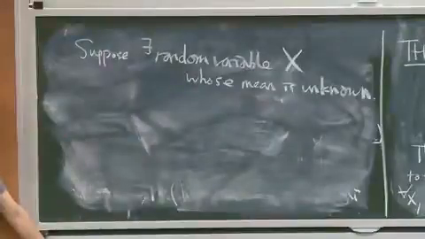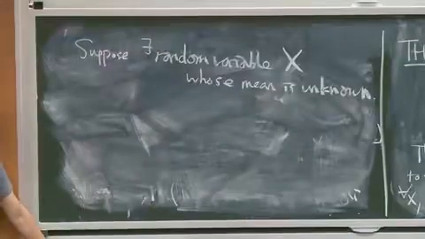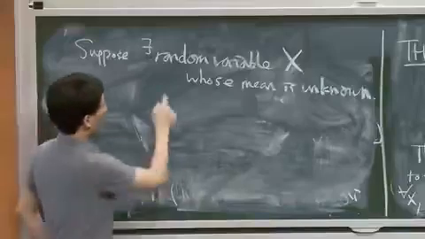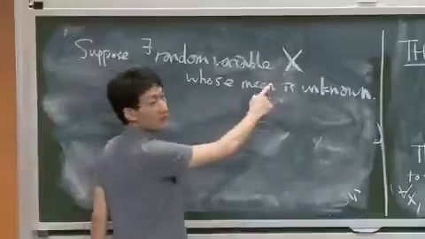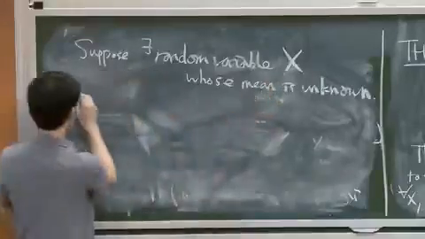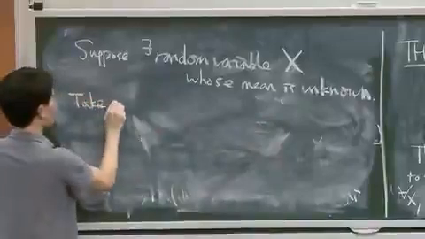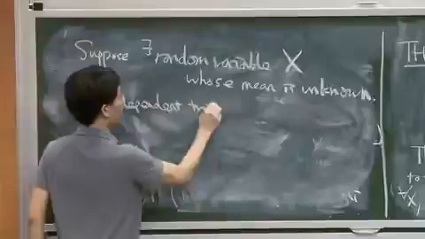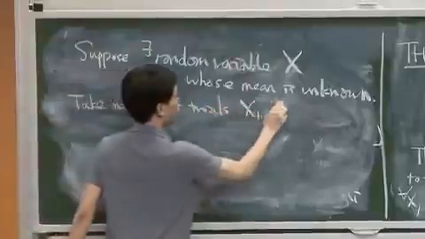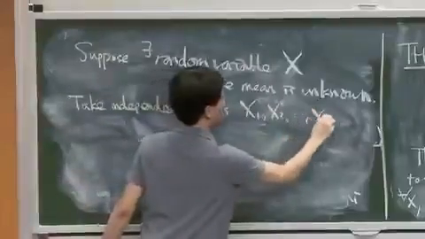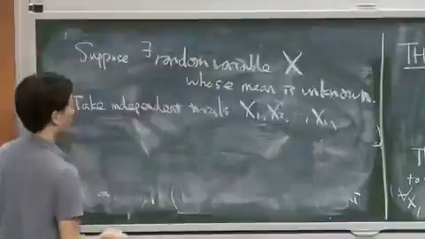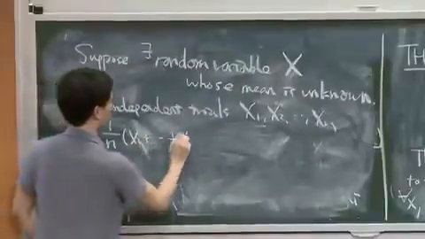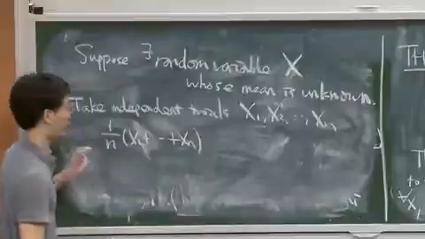Our goal is to estimate the mean. One way to do that is by taking many independent trials of this random variable, X1, X2 to Xn, and use 1 over n times (X1 plus ... plus Xn) as our estimator.